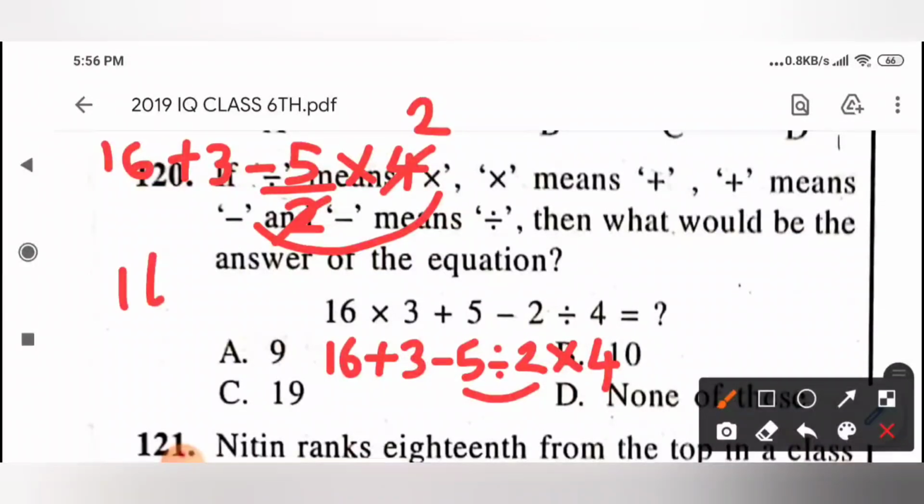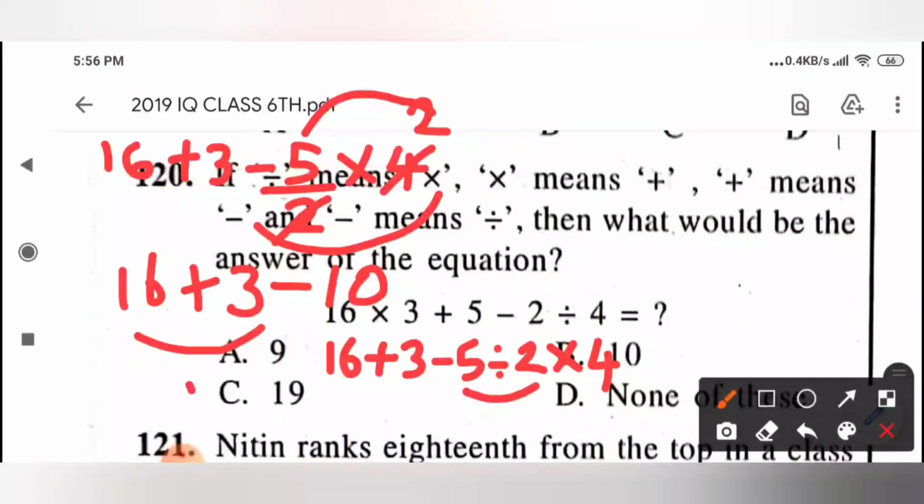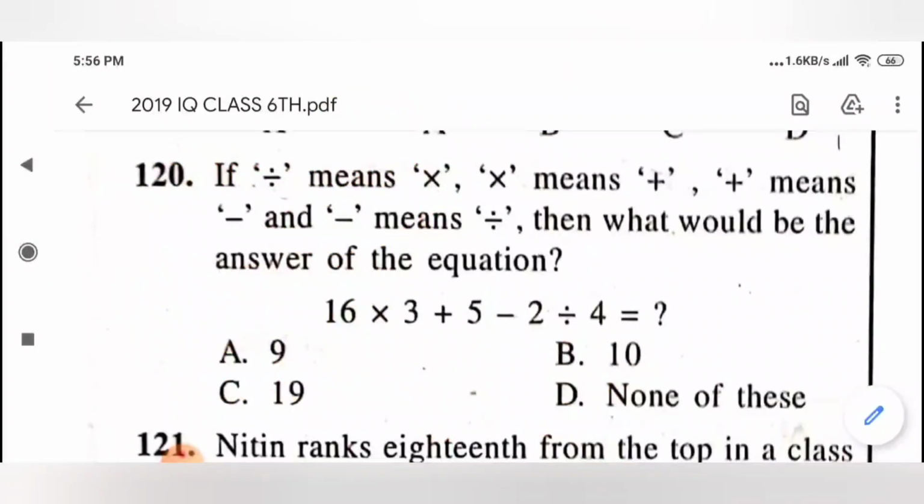So 16 plus 3 minus 5 2s are 10. Yes, 16 plus 3 is 19. 19 minus 10, the answer is 9. We shall check the answer in the options. Answer 9, option A is correct.